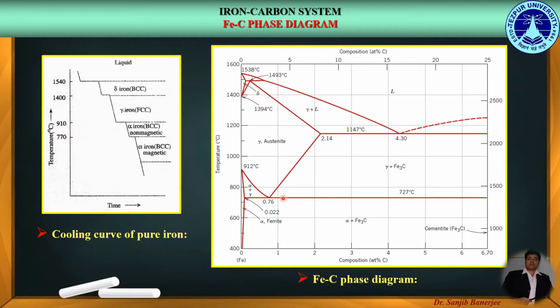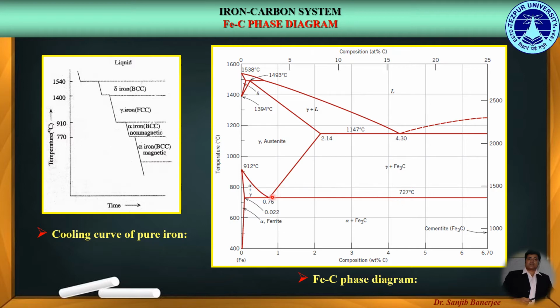Next, here we get the eutectoid point having the eutectoid composition of 0.76 or 0.77% of carbon and the eutectoid temperature of 727 degrees centigrade.